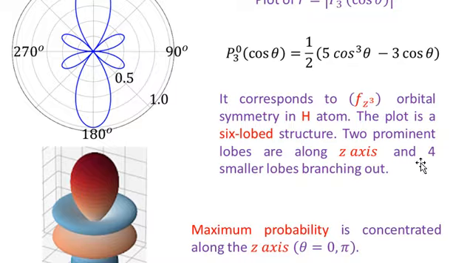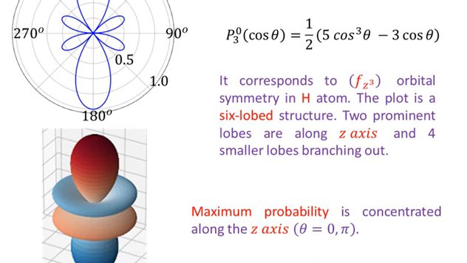Maximum probability is concentrated along the z-axis because the lobes have a maximum magnitude in that direction along the pole. So the maximum probability is concentrated along the pole or along the z-axis.